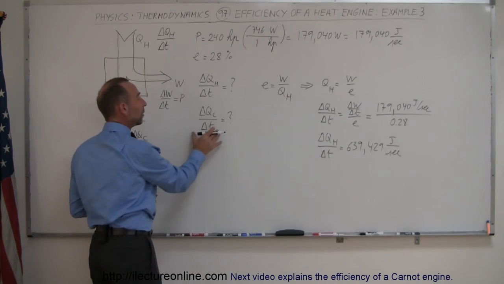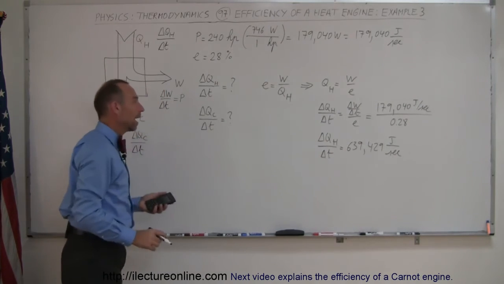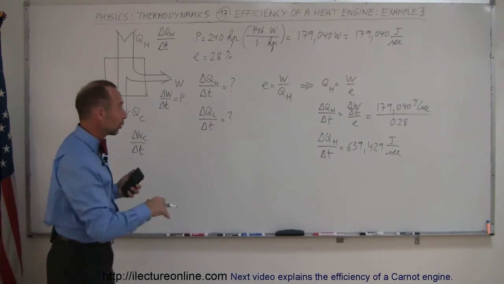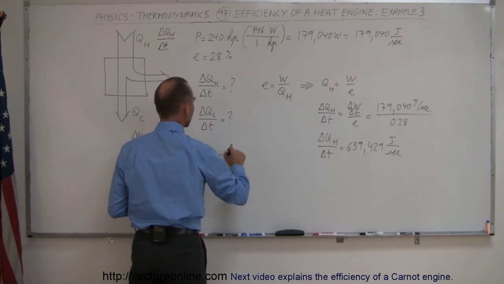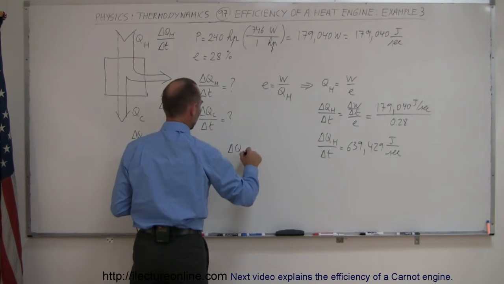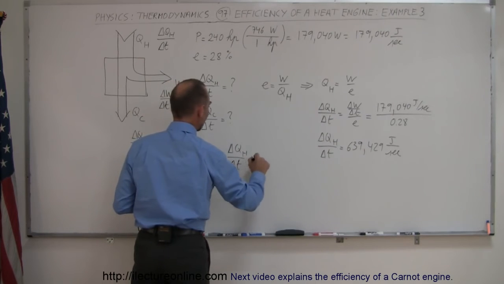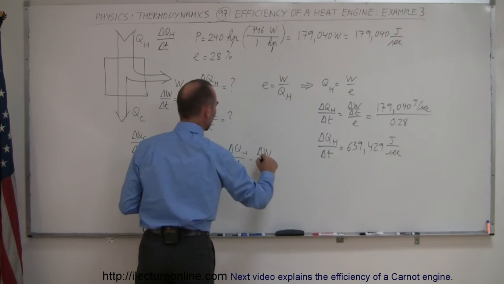The second part is we want to know how much heat we dump into the cold reservoir. The delta Q delta T to the cold reservoir is equal to the amount of heat that we extract from the hot reservoir minus the amount of work that we do per unit time.